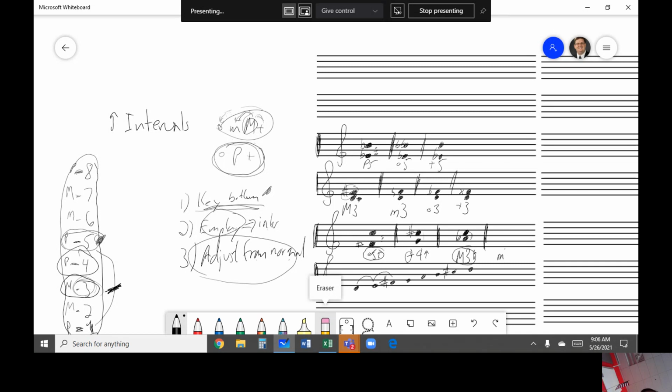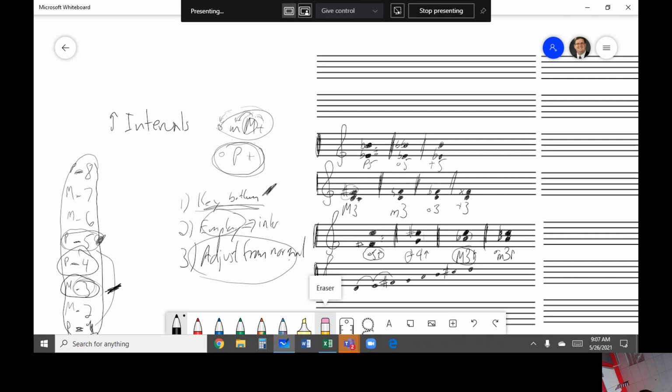If I were to be asked for a minor third above A flat, what's the key signature for the bottom? 4 flats. Employ that interval. C natural, because C is a natural in the scale for A flat. But the third is major, and I'm asked for minor, so I lower it by a half step.